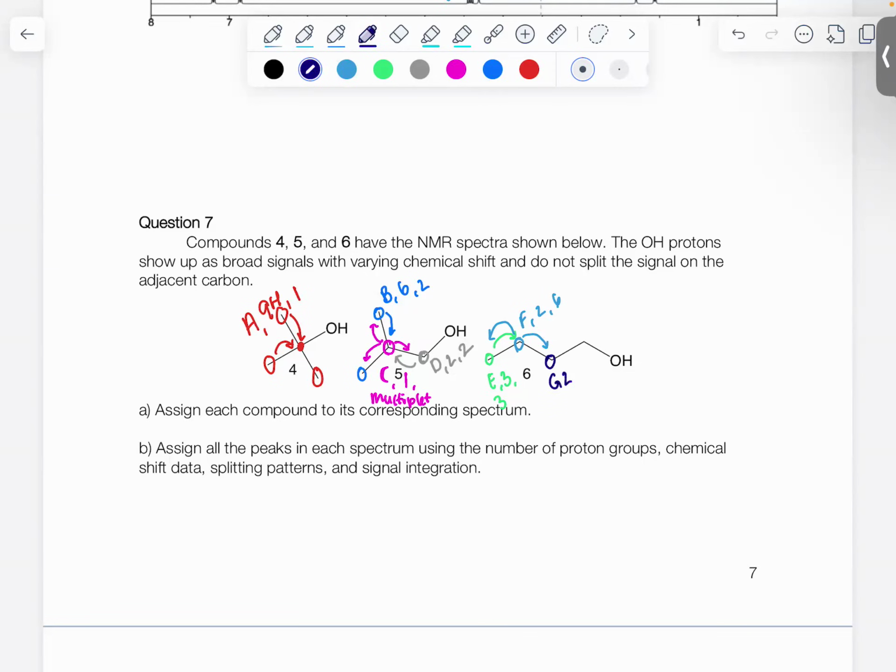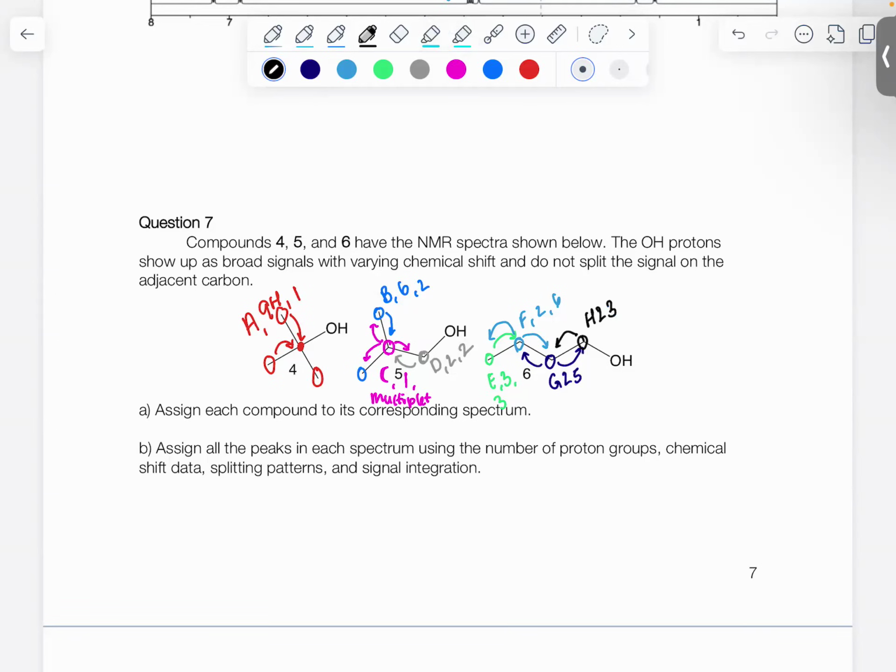G is also 2 protons and sees 2 neighbors on either side. So we would expect a quintet. And then we have H, which is 2 protons that only sees its 2 neighbors. So it will be a triplet.